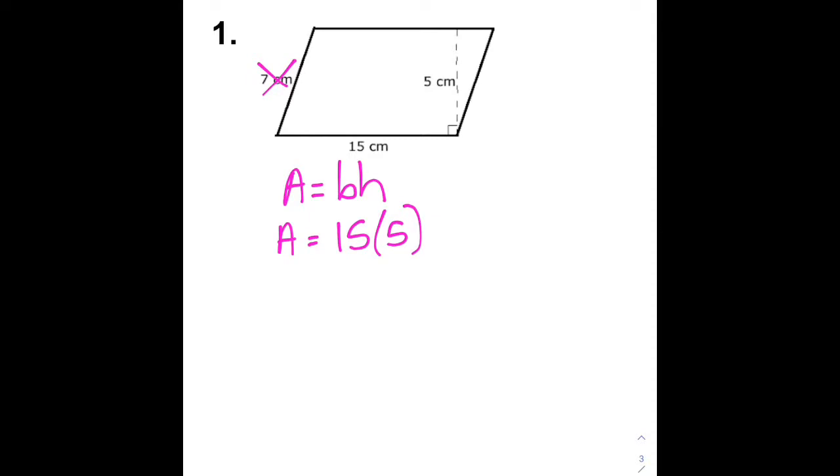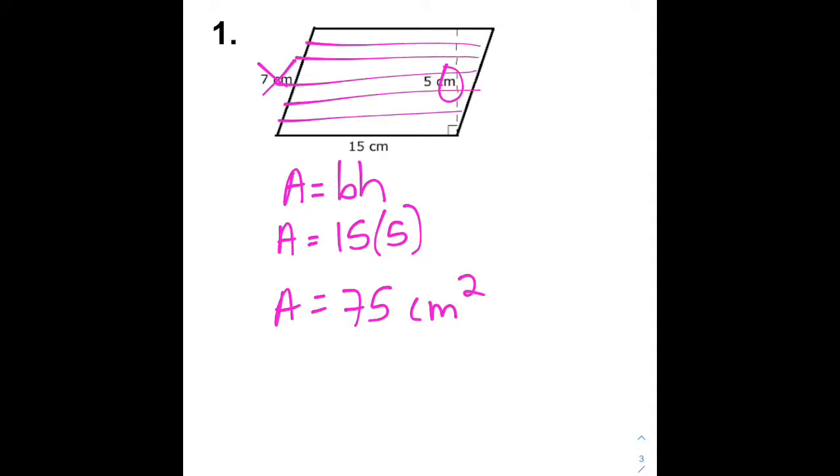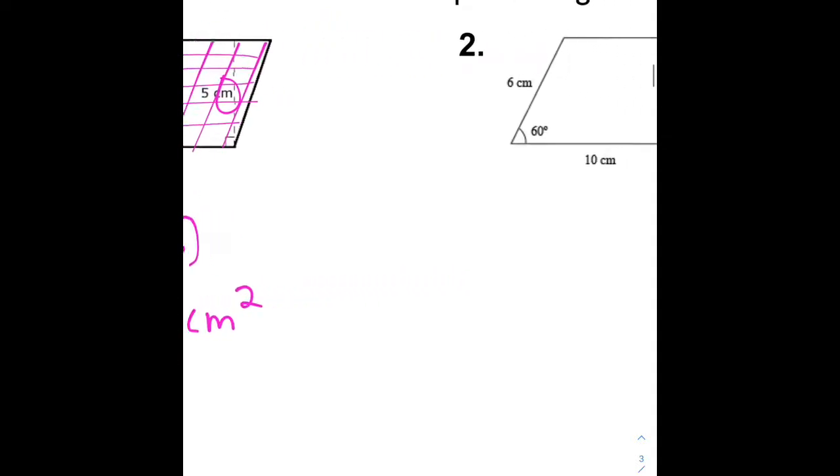To determine the area of that parallelogram, we take 15 times 5, and this gives us 75. Because we're in centimeters, the area is 75 square centimeters. So if I wanted to know how many squares that are 1 centimeter by 1 centimeter fill that up, it would be 75 of them.